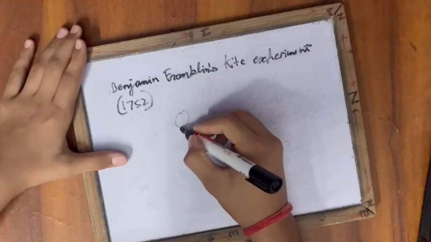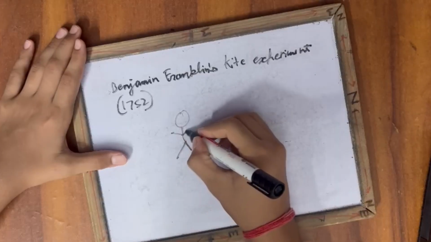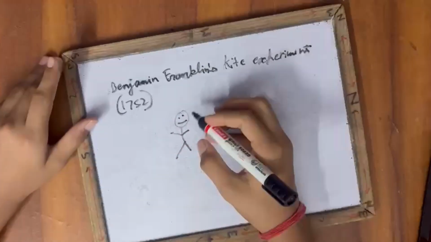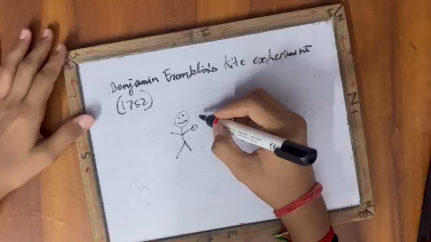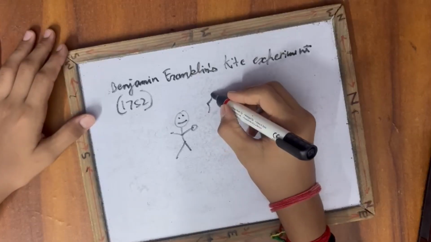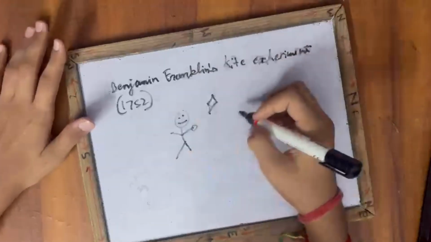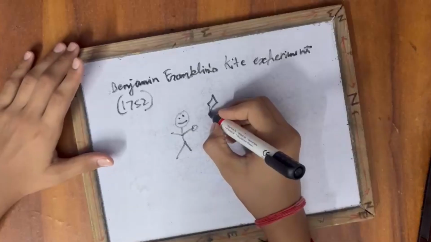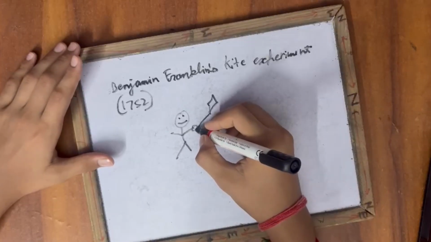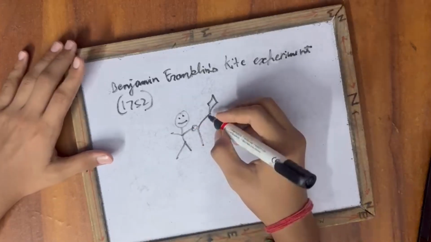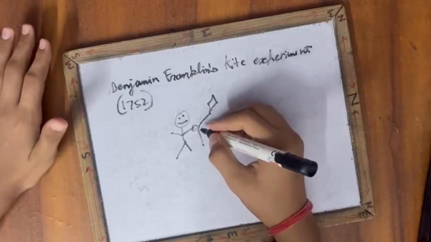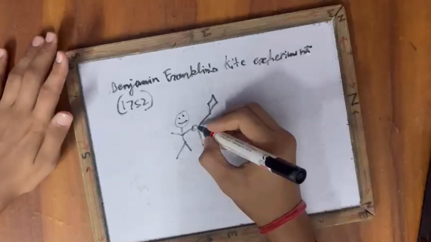He held a kite in a thunderstorm, and the thread by which he held the kite was wet so that it could conduct electricity.